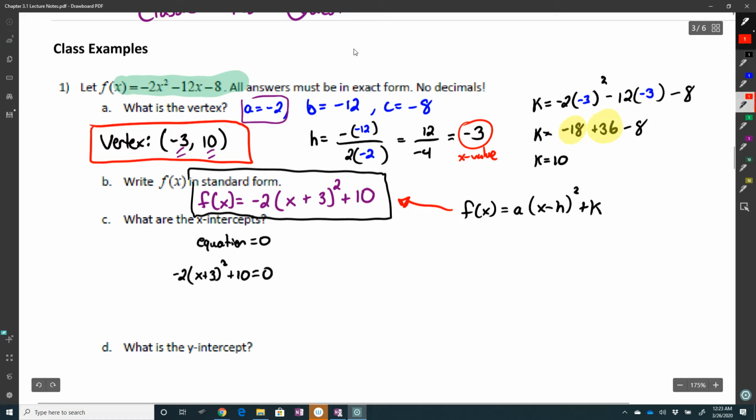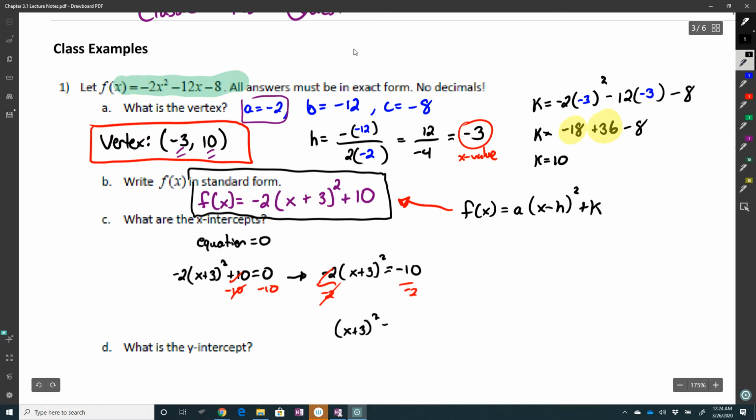Notice that if I have this equation, I can just start by subtracting 10 right away. This gives me negative 2 times x plus 3 squared equals negative 10. Then I can divide by negative 2. So I have x plus 3 squared equals 5.